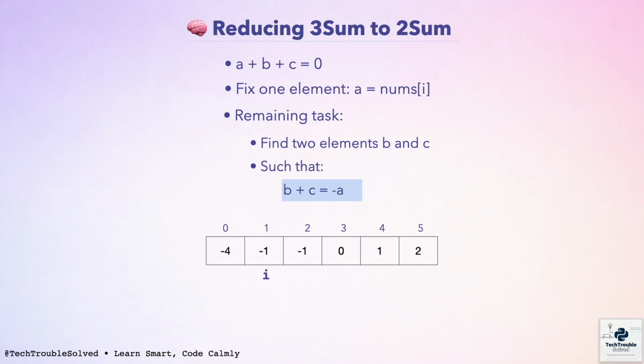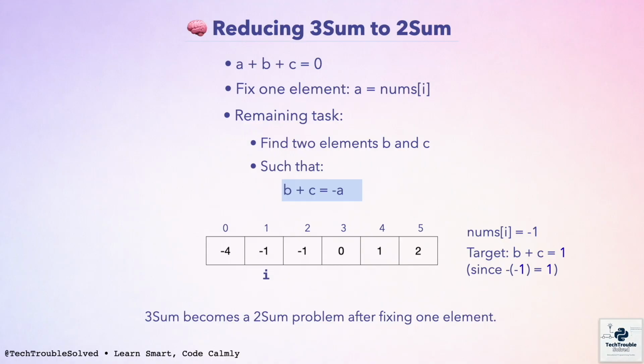For example, suppose nums[i] equals -1, then minus a equals 1. So our new task is simply to find two numbers whose sum is 1 in the rest of the array. If we find such a pair b, c, then together with a, they form a valid triplet that sums to 0.